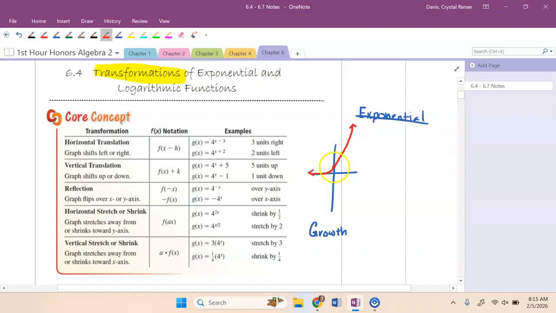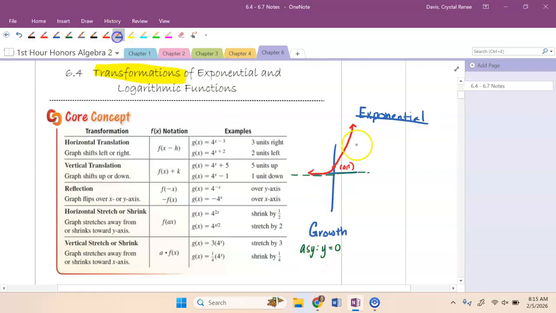Remember this is (0, 1) because anything to the 0 power is 1. And the asymptote is that imaginary line that it gets closer and closer to, but never reaches. So our asymptote for an exponential growth function would be y = 0.